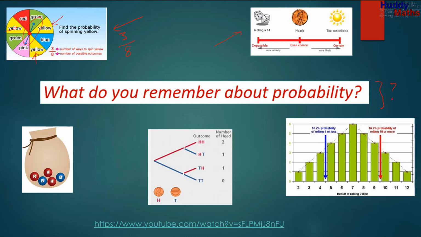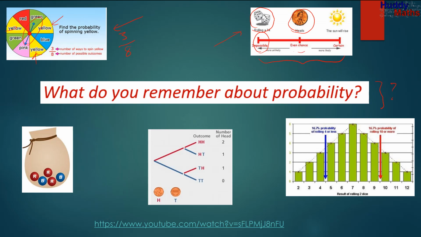Okay, so come over here. What about this? This was our line representing all the possible probabilities. And here we are. What's the probability of rolling a total of 14 on 2 dice? Well, you can't, can you? It's impossible because the maximum on any die is a 6. What about the probability of tossing a head when you toss a coin?